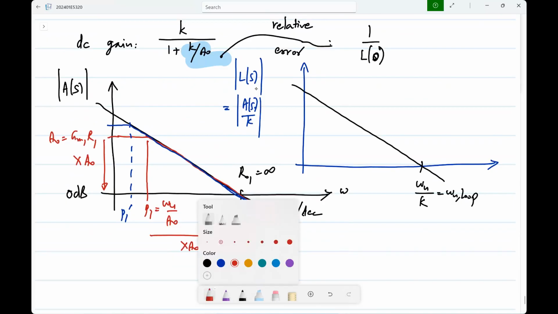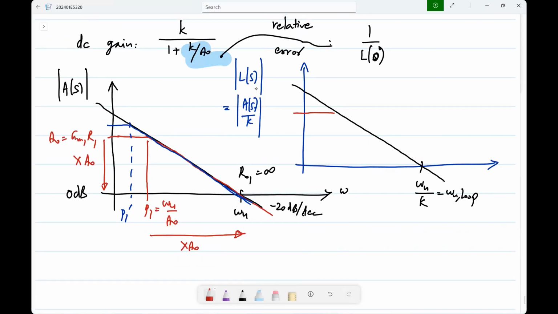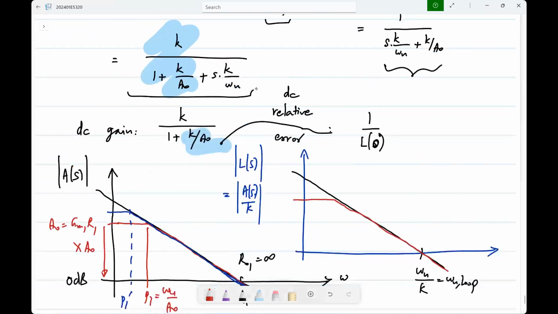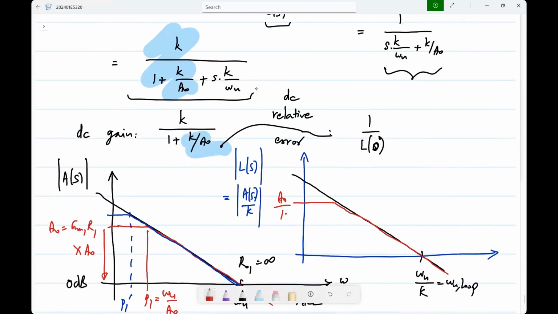Now with the finite output resistance, you will have something like this, where the DC loop gain is A naught by K. The pole remains wherever it was, because you're just dividing by K. That doesn't change the pole frequency. But the unity loop gain frequency is omega u by K.